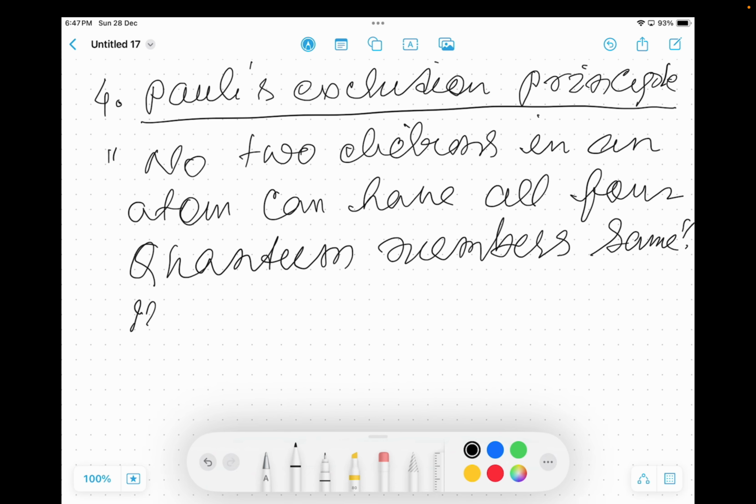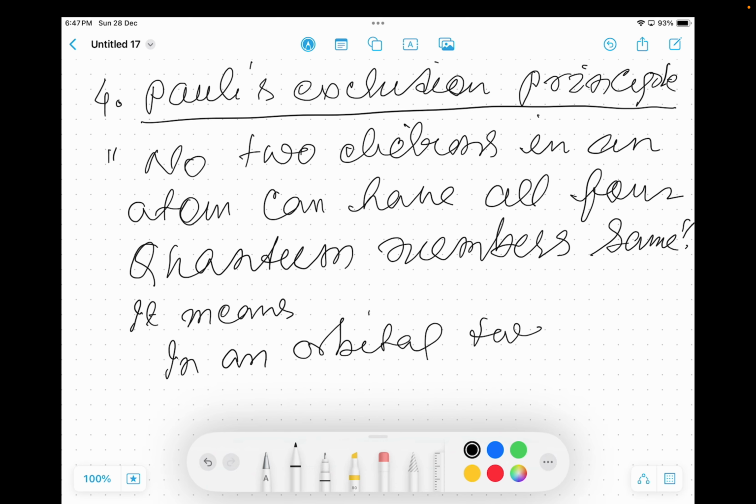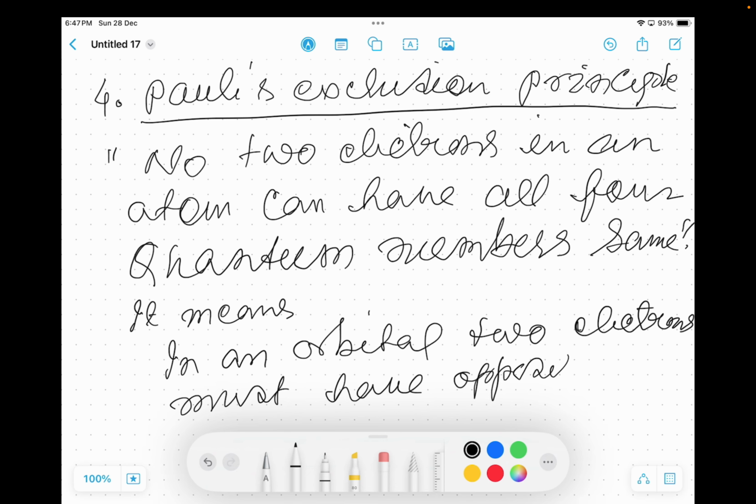It means in an orbital, two electrons must have opposite spins.